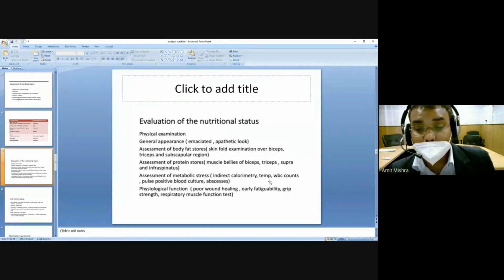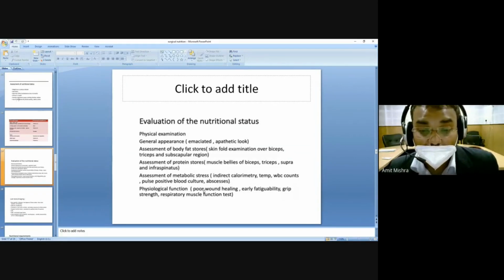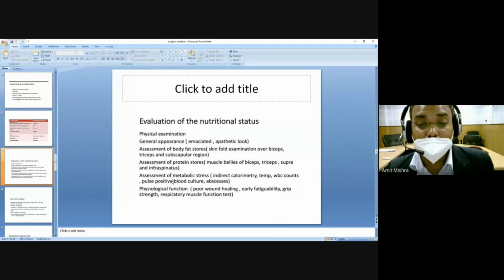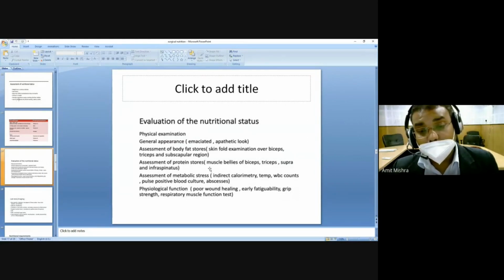Then body temperature, WBC count, positive blood culture, and also micro abscesses or any abscess formation. So assessment of the metabolic stress is important to know the metabolic conditions, which can be associated with various parameters: indirect calorimetry, body temperature monitoring, WBC count, positive blood culture, and any abscess formation. These are important factors for the metabolic stress.